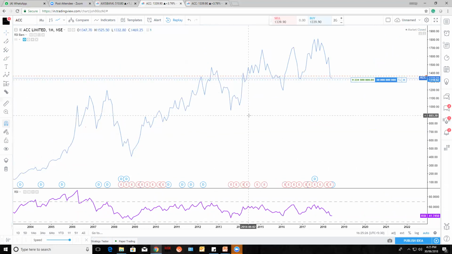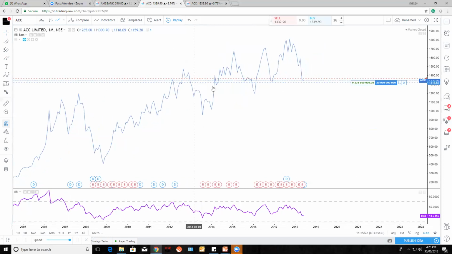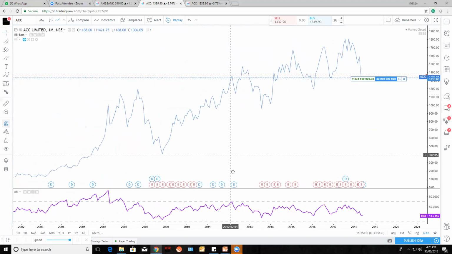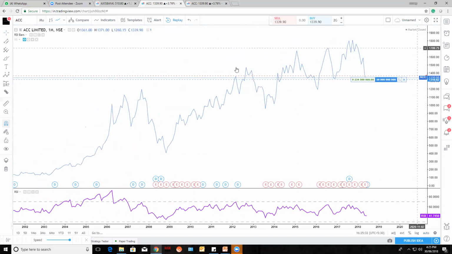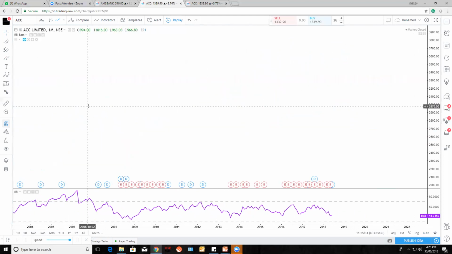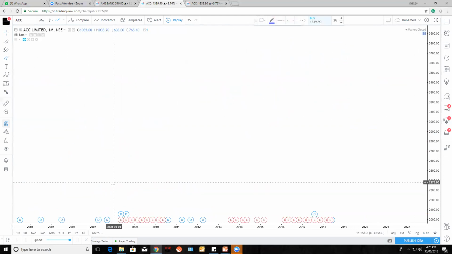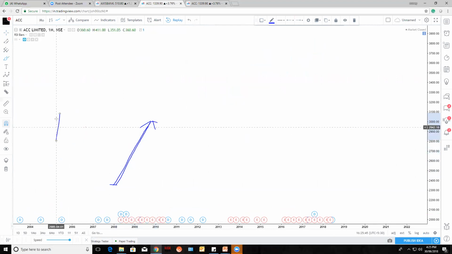Now, what is an impulse wave and what is a correction wave? Let's say the price is moving from this to this. The price which is moving in the direction is called an impulse wave. As of now, you just understand this: what is the impulse wave?